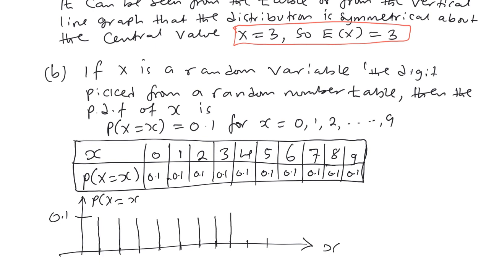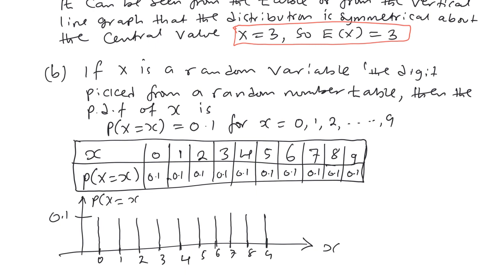Each value has the same probability. These are the x's, so you have 0, 1, 2, 3, 4, 5, 6, 7, 8, and 9.